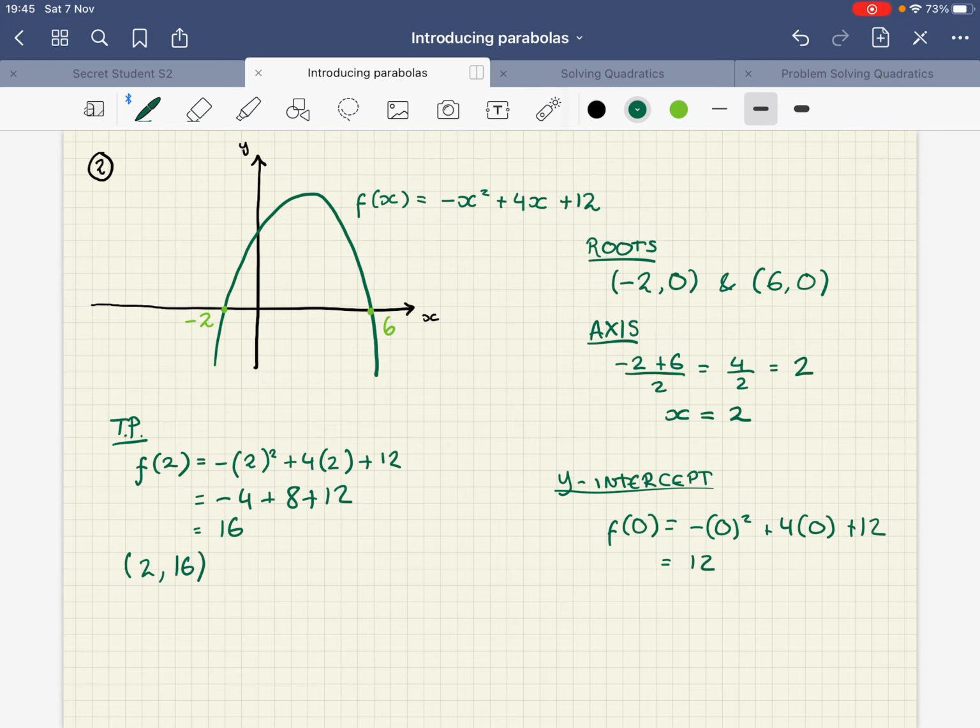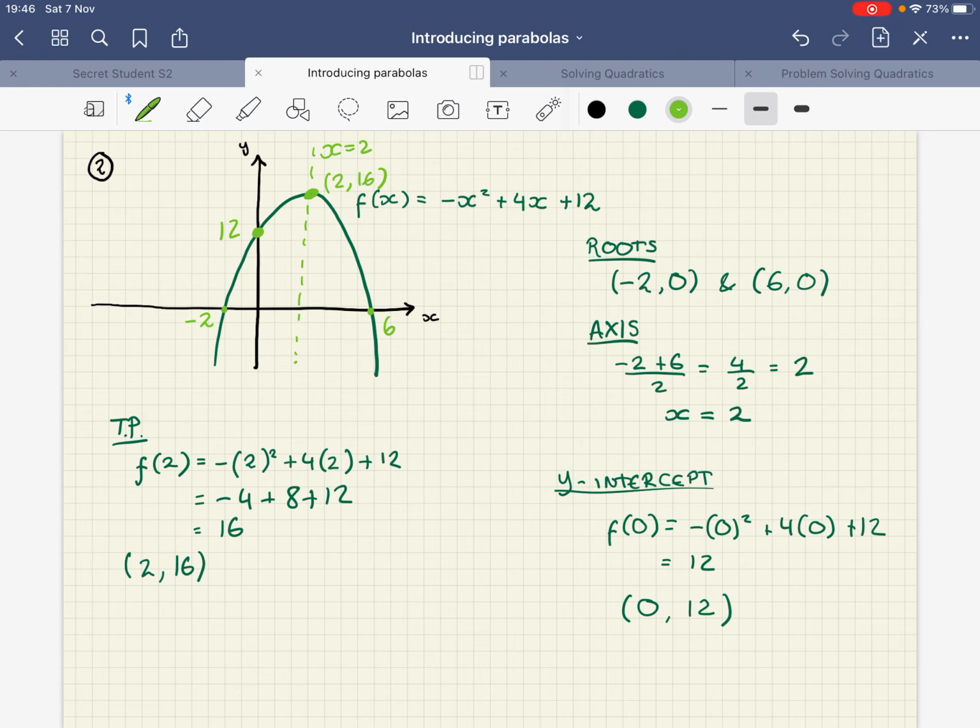So it's just going to be 12. So the y-intercept is going to be 0, 12. And then just drawing it all back in. So my axis of symmetry comes up the center there. And that's x equals 2. My turning point is that 2, 16, and the y-intercept is there at 12.